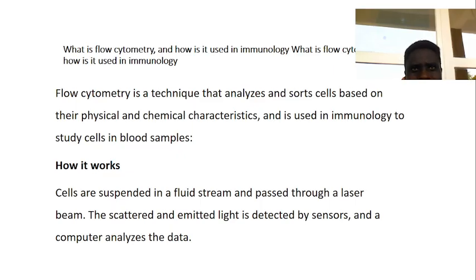For example, a granulocyte is distinguished from an agranulocyte. This is performed by suspending the cells in fluid in a stream and passing them through laser beams that scatter and emit light to detectors and sensors, and computers analyze the data. The computer screen shows how the cells are differentiated according to those characteristics, such as physical and chemical.